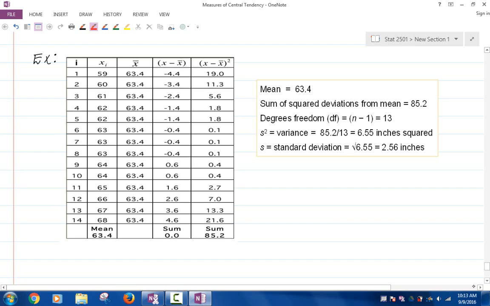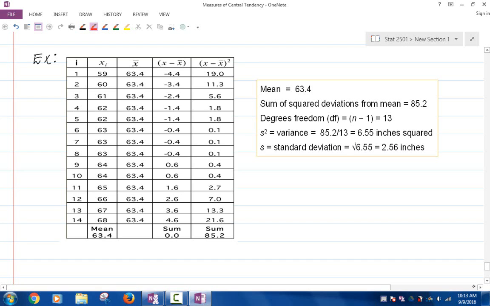All right, so once I have the deviations, then I calculate the squared deviations. So the last column here is the square of the fourth column. You take the square of each deviation. Then you take the sum of the squared deviations, and it turns out to be 85.2.